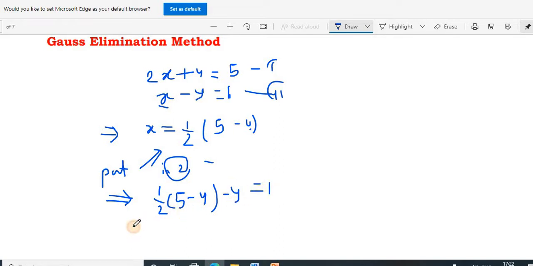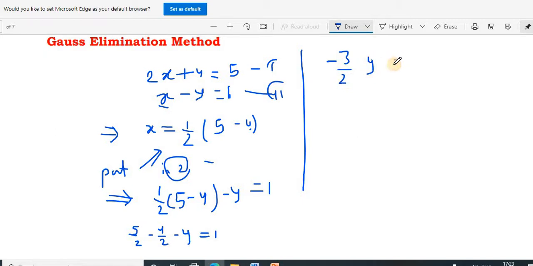I simplify this, and I get 5 by 2 minus y by 2 minus y is equal to 1. Taking 5 by 2 to the RHS, minus y by 2 minus y becomes minus 3 by 2 y, is equal to 1 minus 5 by 2.